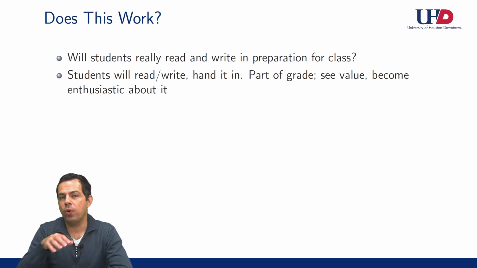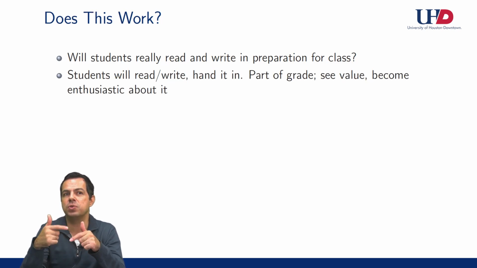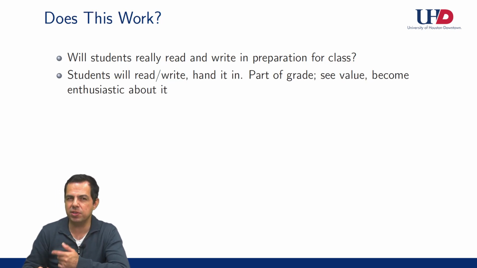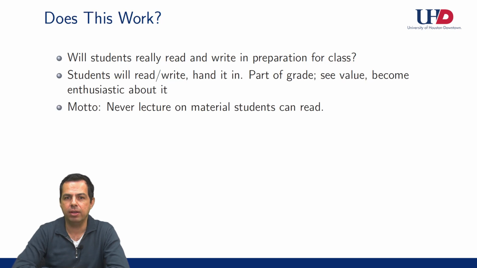Also, you have to avoid explaining everything during class so that students feel more motivated to read on their own. They see the value and they become more enthusiastic about it. It may take a few weeks, but students usually get into the pace of active learning. The motto is: never do traditional lecture on material that students already can read.